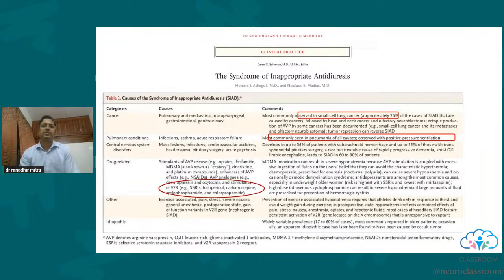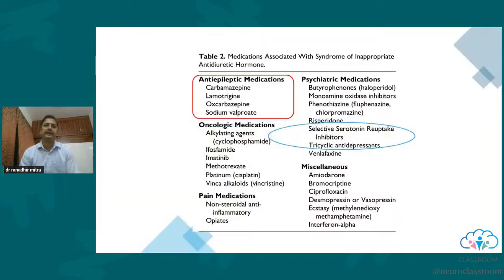Then in drug-related causes, mostly we are concerned when the patient is taking antipsychotic medications, selective serotonin reuptake inhibitors, or tegretol for some time, even oxetol or oxcarbazepine. In post-operative patients presenting with hyponatremia, mostly it is because of pain, stress, and anesthesia, which cause secretion of ADH post-operatively. So in those cases there can be hyponatremia due to SIAD.